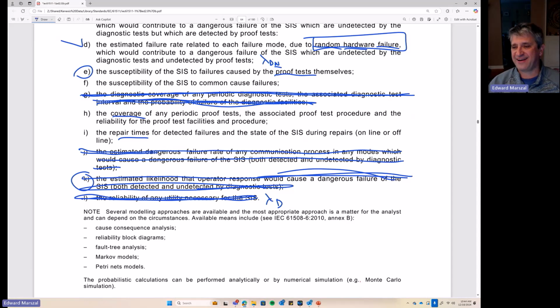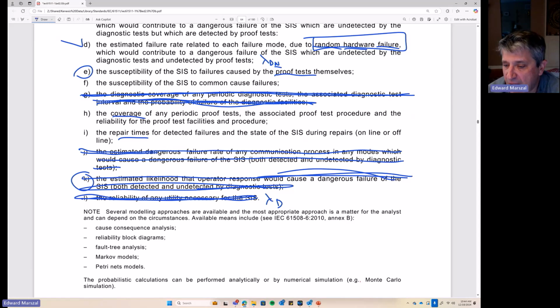Don't do that. I mean, you can go and you can see examples of human failure being included in your SIL verification calculations. I'm going to beg you not to do it. The standard basically tells you you shouldn't do it.